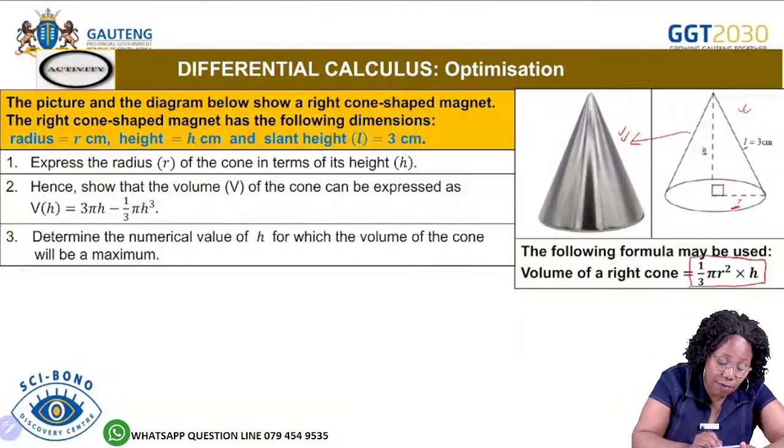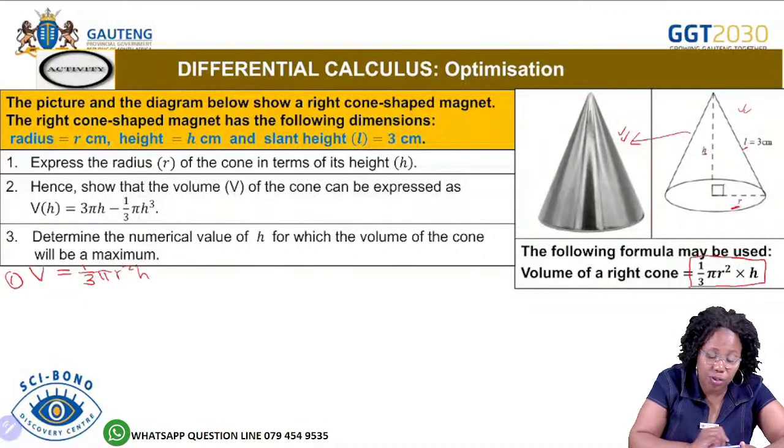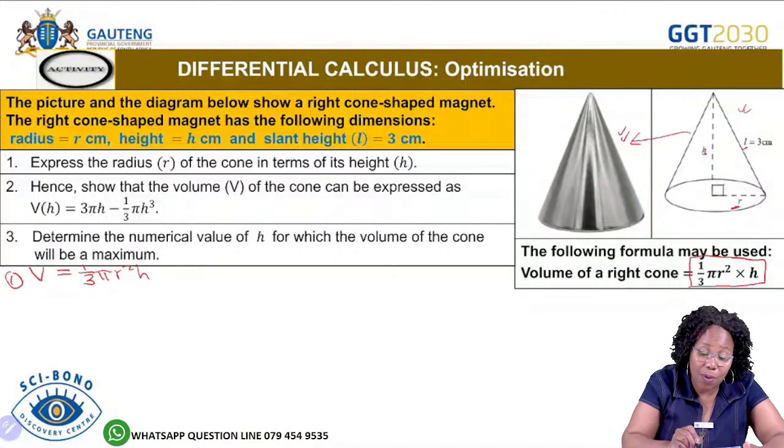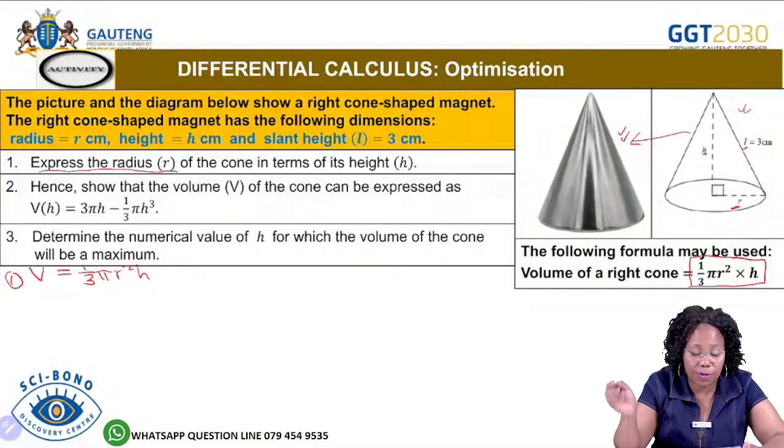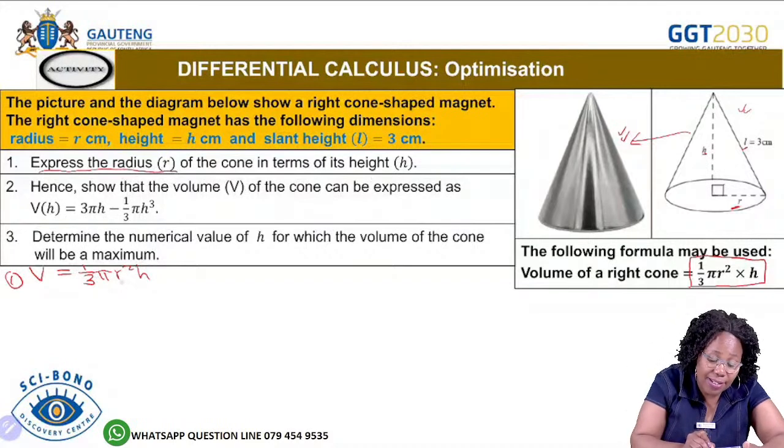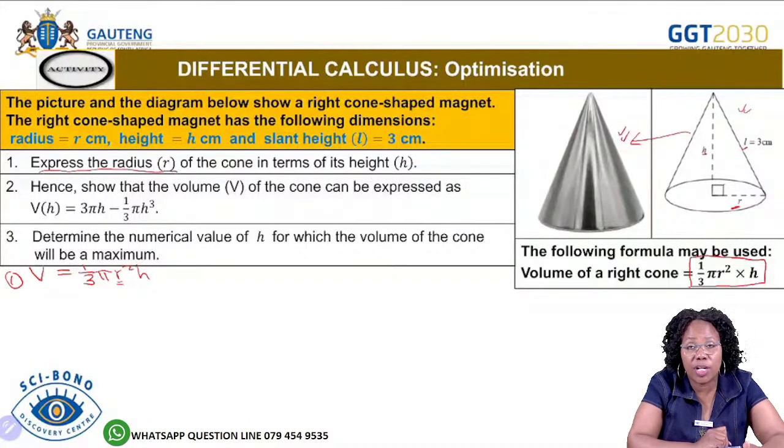We are taking the volume formula, and then our volume formula is 1/3 pi R squared H. And then we want to make what? R the subject of the formula, because we are expressing R in terms of H. So on the right hand side you want to be left with only H then.